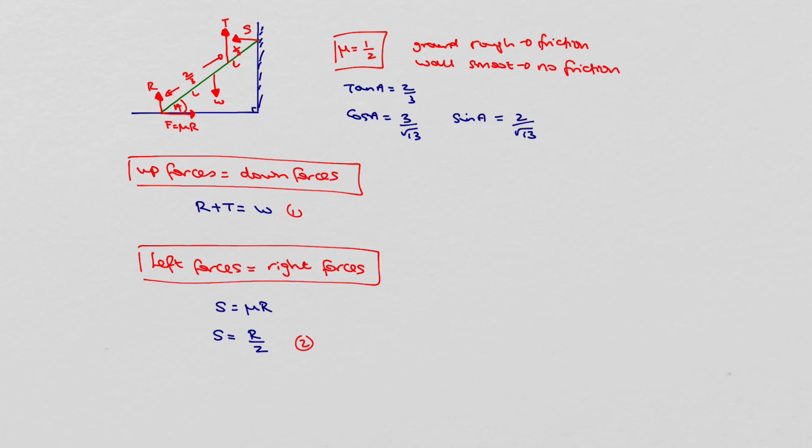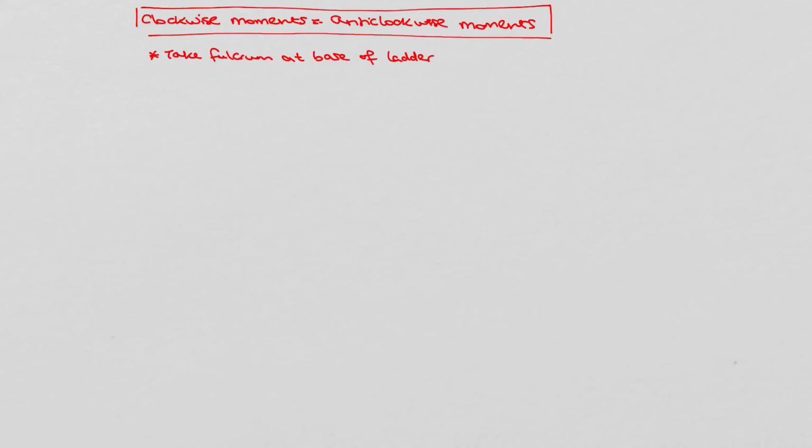And now again, we're going to take our fulcrum. So I'm going to mark the fulcrum at the base again. So if I take the fulcrum at the base of the ladder, then my clockwise moment will be due to the weight.